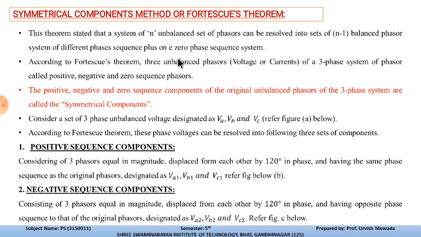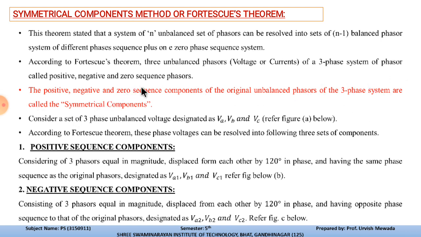For the analysis of an unbalanced set of phasors, which are divided into three parts, that is called positive sequence phasor, negative sequence phasor, and the zero sequence phasor. Now positive, negative, and the zero sequence components of the original unbalanced phasors of the three phase system are called the symmetrical components.